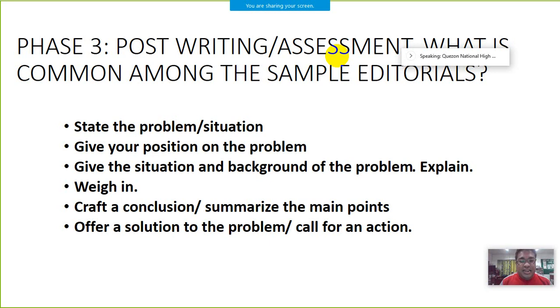A comprehensive editorial must have stated the situation or the problem, must have a position, must have an explanation or justification of the position made, must summarize the main points, and must have an appropriate conclusion, which can either be giving or recommending alternative solution to a problem or calling for an action.